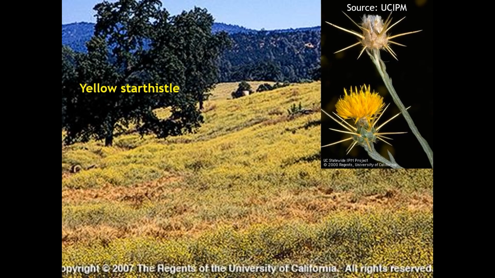For example, yellow star thistle, which is very much a part of our landscape, is an invasive weed, and it is actually the number one invasive weed in California. Although I mentioned that invasive species are usually in natural ecosystems, this particular weed has also been observed in agricultural cropping systems.